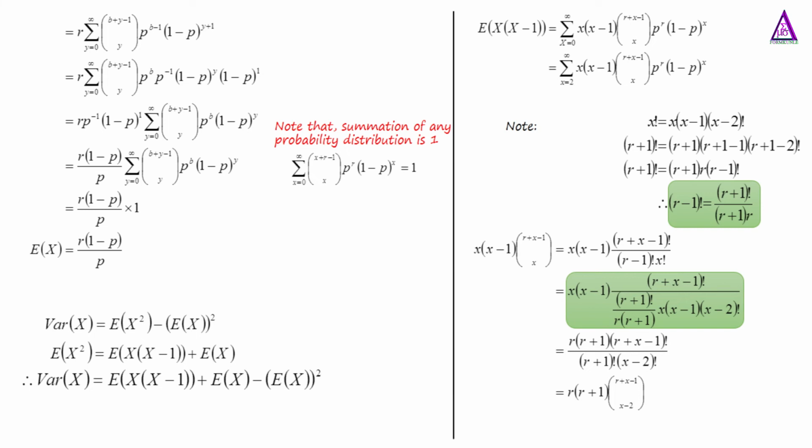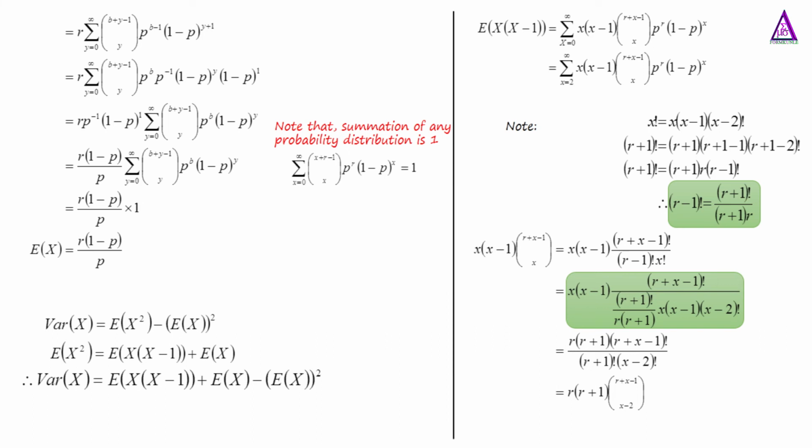We factorize r, p raised to power negative 1 and the bracket 1 minus p raised to power 1 out of the equation, and the remaining equation is a probability density function of the negative binomial. And anytime we have a summation of the probability density function of any distribution, that will be 1. So that is where we get that one.